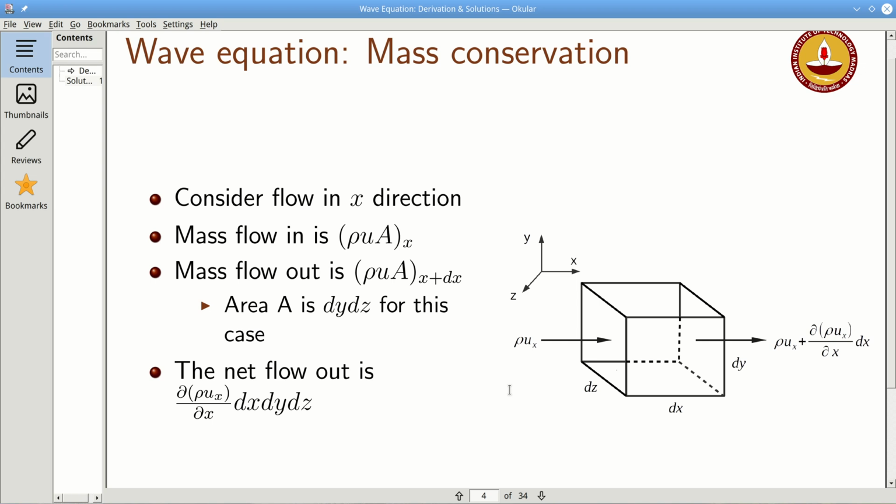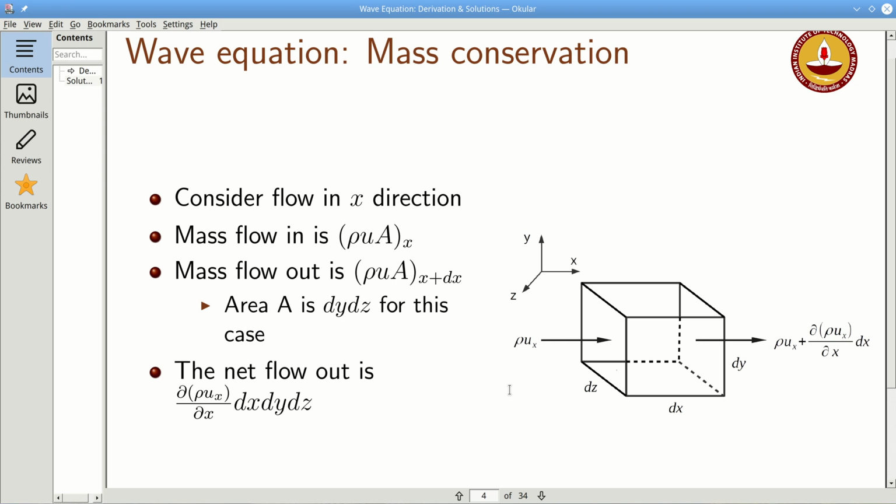But obviously from location to location it is going to change. These variables will have different values at different locations. So the net outflow will be dou by dou x of rho ux. Remember I have not pulled the rho outside. I am not assuming it is constant. I am assuming that also changes. Density changes are also there. This is times dx dy dz, which is the total volume of this infinitesimal box that we have considered.